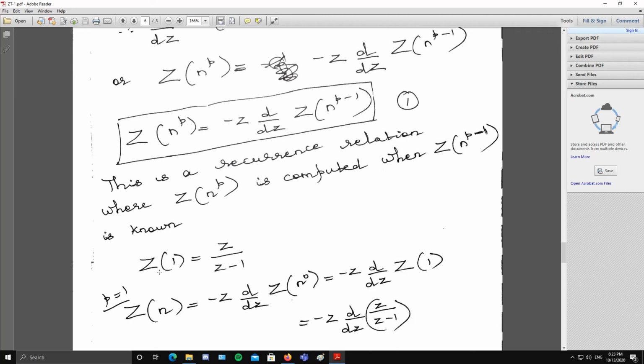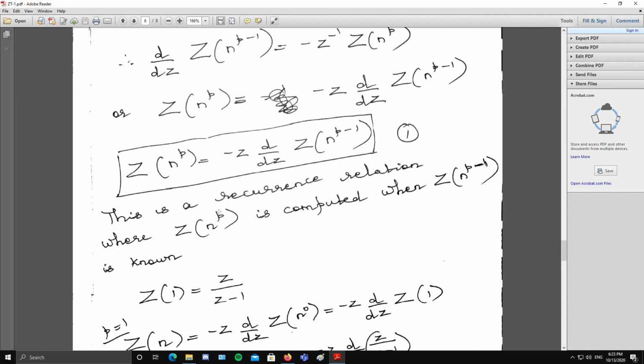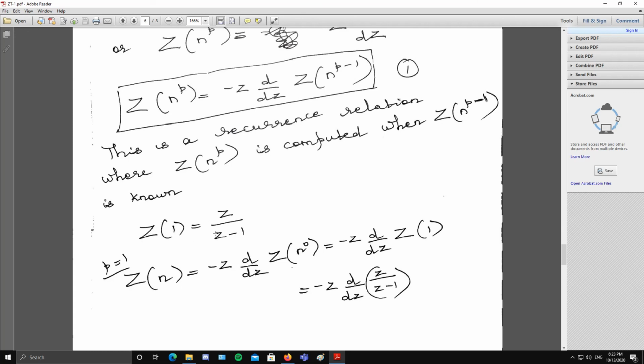Now what is Z of 1? We have seen this in the standard functions. Z of 1 is z by z minus 1. Now if I take p as 1, Z of n is minus z d by dz of Z of n power 0. What is n power 0? 1. So minus z d by dz of Z of 1.